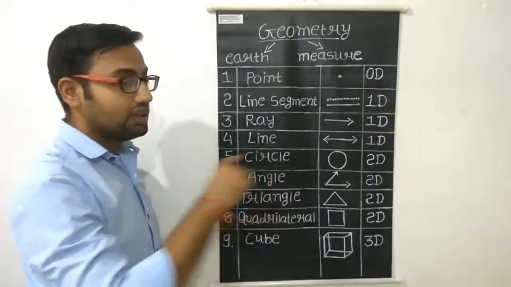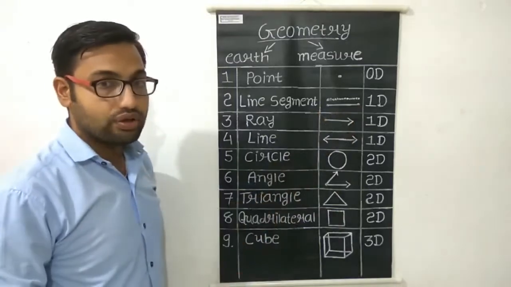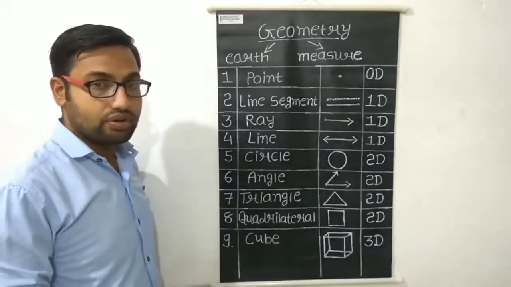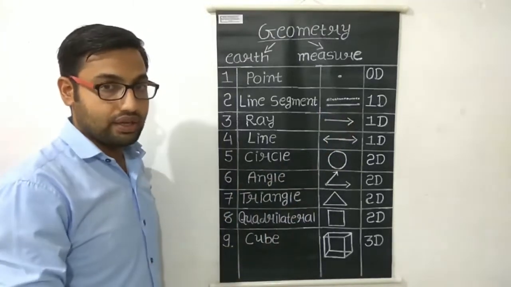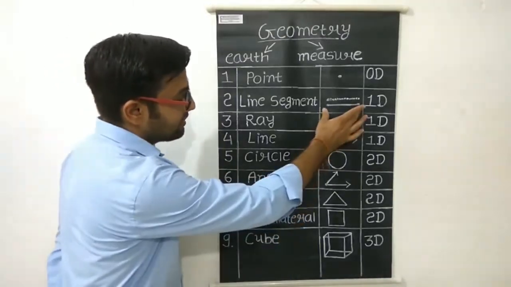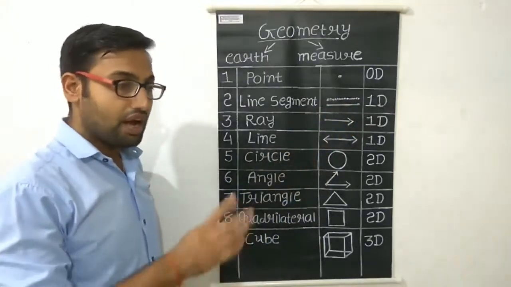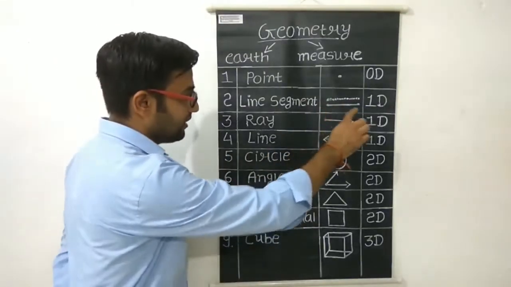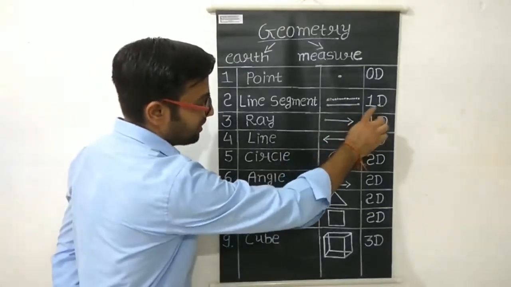It has now a length, like you can say it is 2 centimeter long, it is 5 centimeter long, right? You can call it length or breadth or height. Out of these three, you can say anything for this line segment. But how many dimensions does it have?